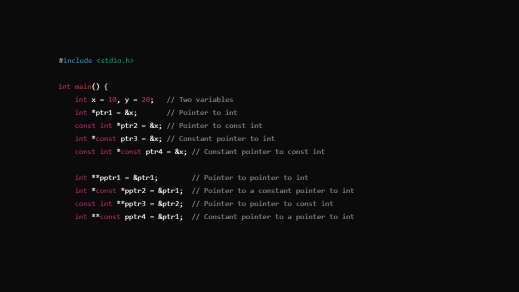You cannot modify the value at the final level, **pptr3. 8. int **const pptr4. pptr4 is a constant pointer to a pointer. You can modify the value it points to, **pptr4 = 80, but the double pointer itself cannot be reassigned.